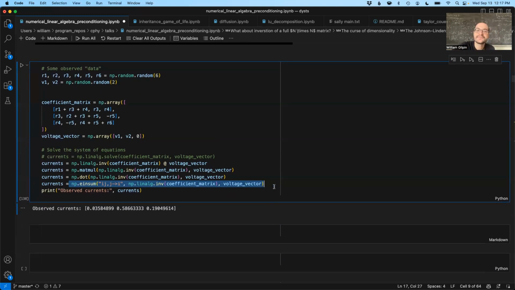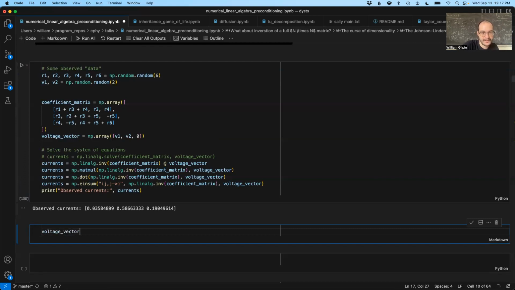Just ask like what is like element by element? So element wise would just be voltage vector times voltage vector. So this would just do element wise.